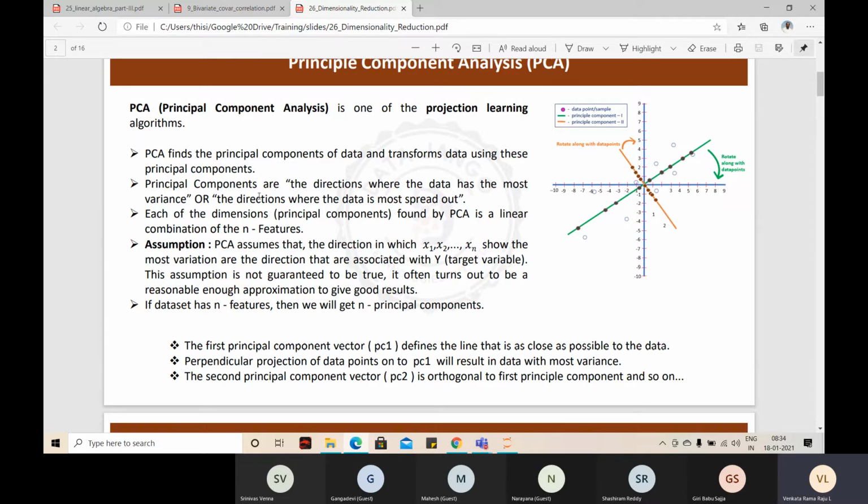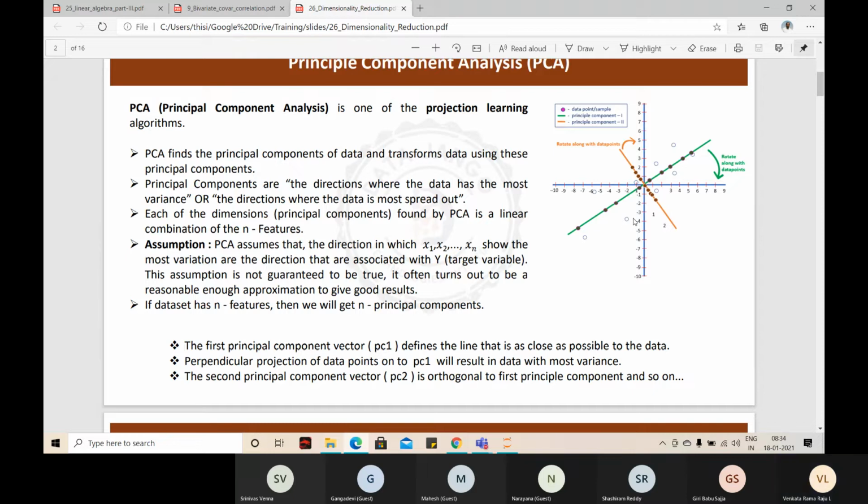Principal components are the directions where the data has the most variance, where the data is most spread out. If you see the data, in which direction is it correlated, on the green direction or the orange direction?